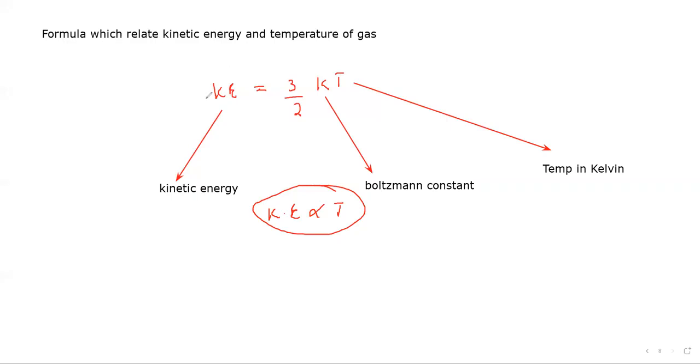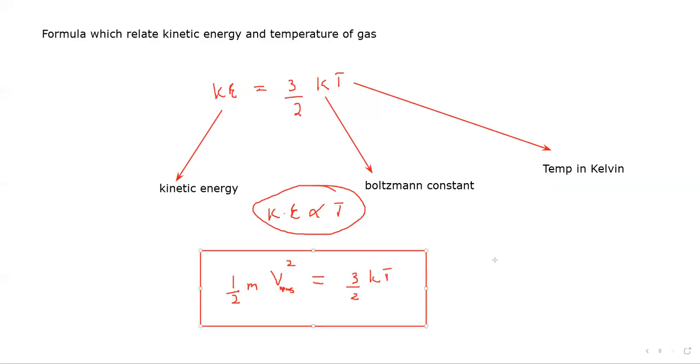And we know the kinetic energy of a gas is half mv square. But what is v here? v is Vrms, which means root mean square speed, and that equals 3 by 2 kT. So this is a formula which relates the root mean square speed with the temperature.